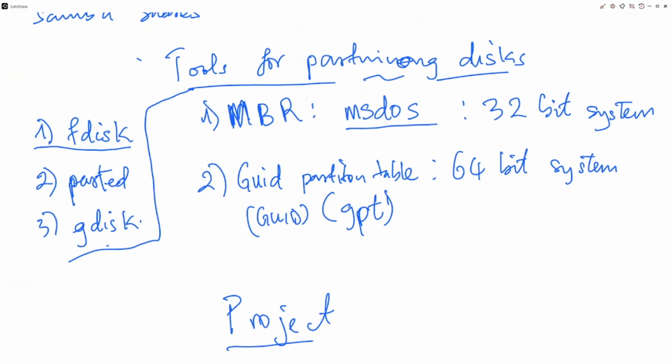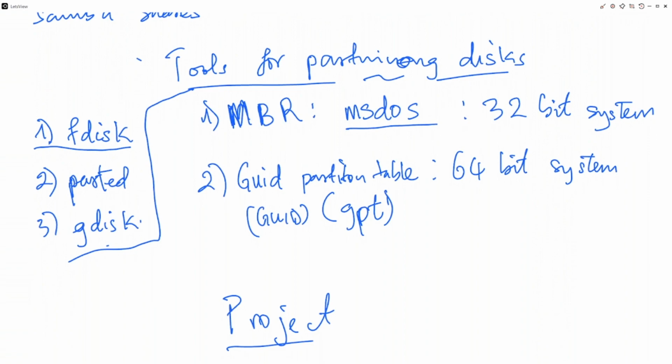MBR works by using the 32-bit system, and GPT uses the 64-bit system. A major difference between the two is that with MBR you can only create up to 4 primary partitions, whereas with GPT you can create up to 128 partitions on a drive that is assigned the GPT label.